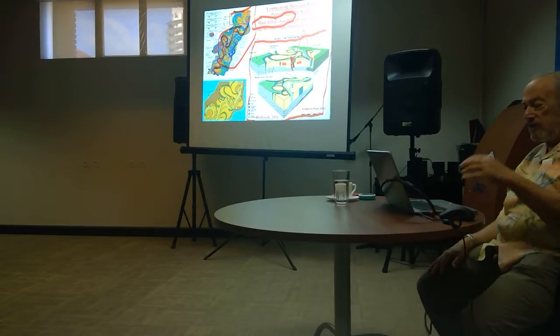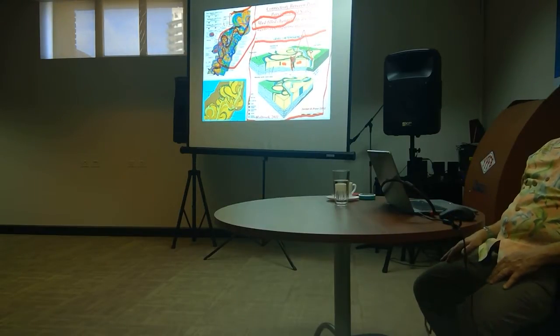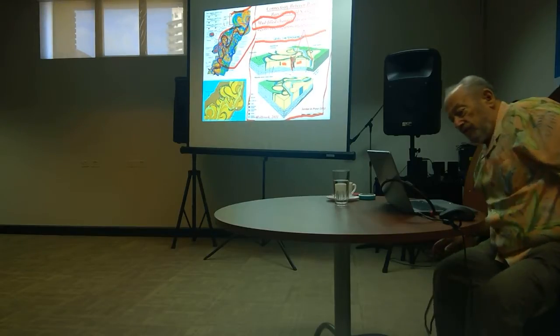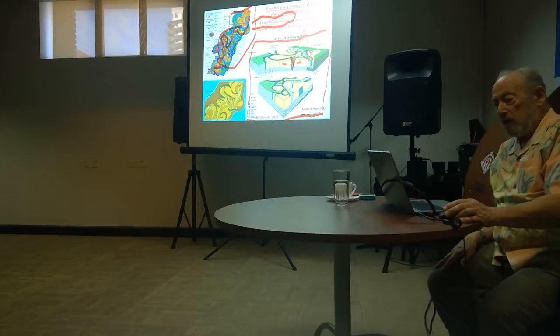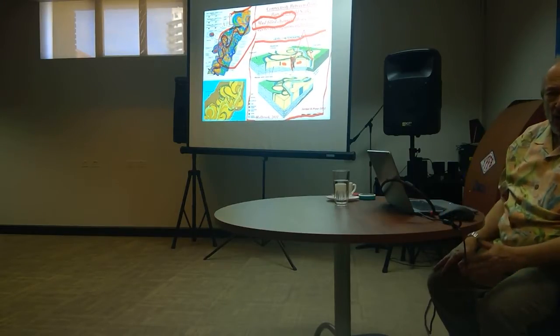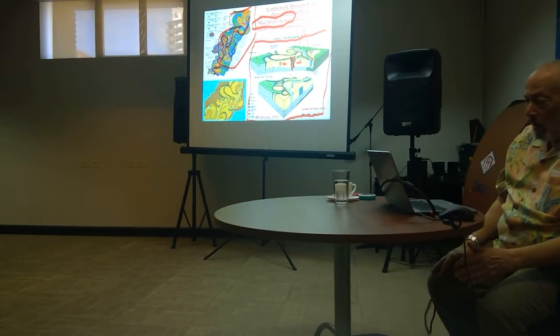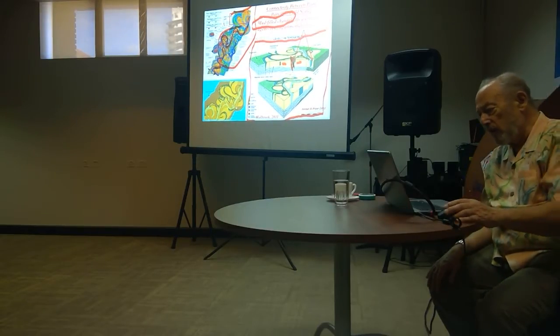So someone who's doing reservoir characterization has to figure out what the sizes and orientations of these point bar sands are, and then how widely or how closely spaced you have to put your wells if you're drilling vertical wells.